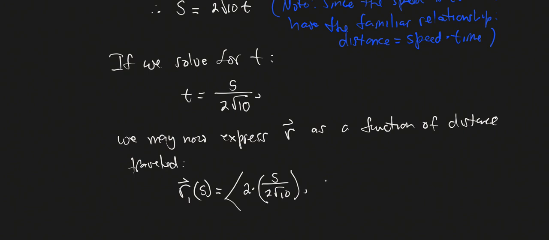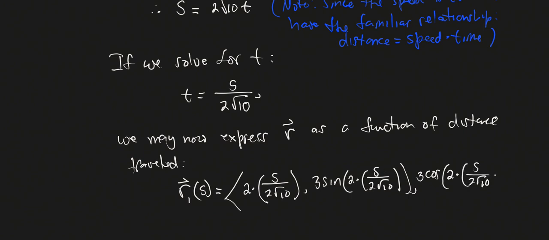The second component was 3 sine of 2t. Now I'm going to write 3 sine of 2 times s over 2 root 10. And then finally, the third component was 3 cosine of 2t. And now I'm going to replace, again, the t with s over 2 root 10.